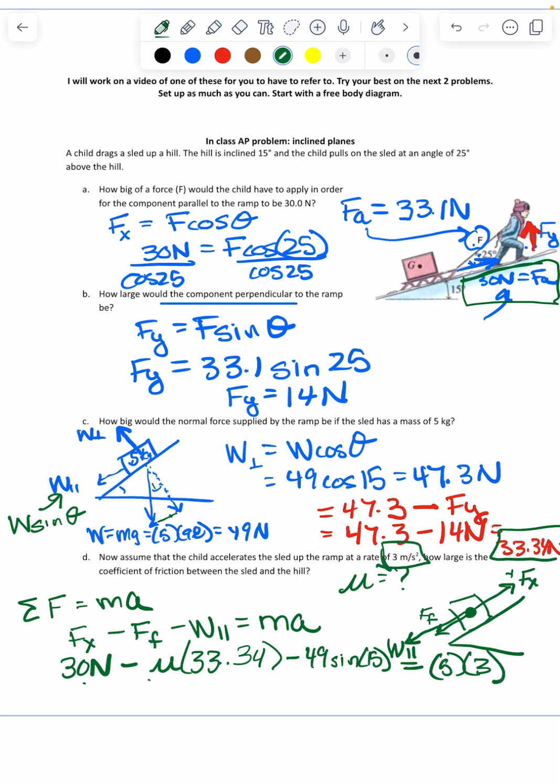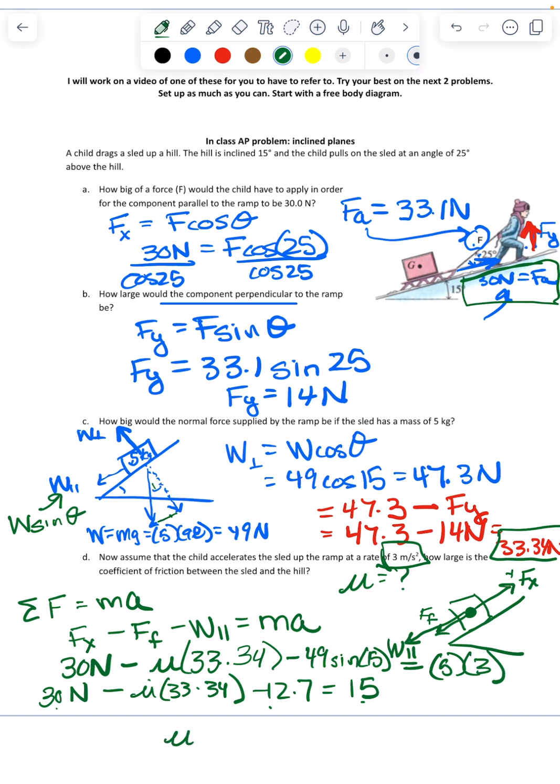Write that out: 30 minus mu times 33.34 minus 12.7 is equal to 15. So now I'm just going to do 30 minus 12.7 and subtract that from 15 on the other side.